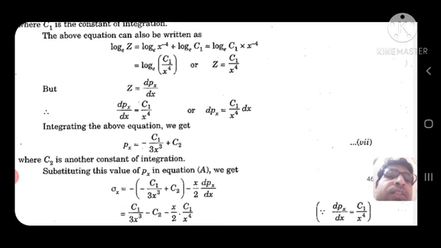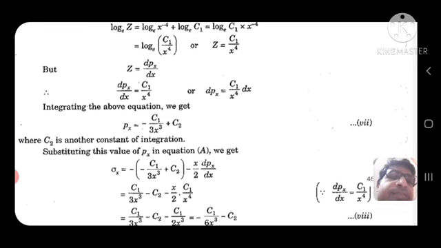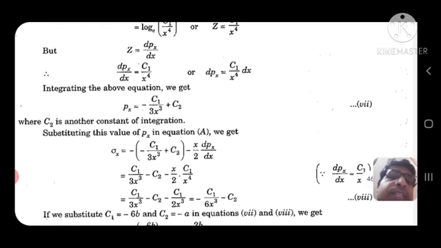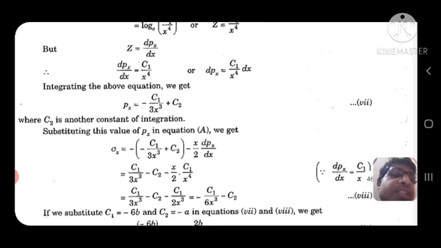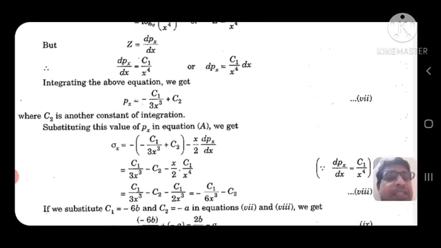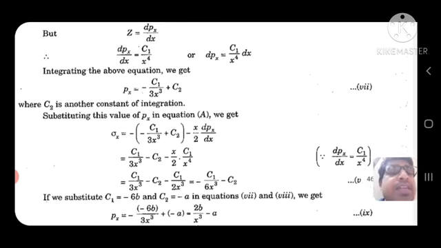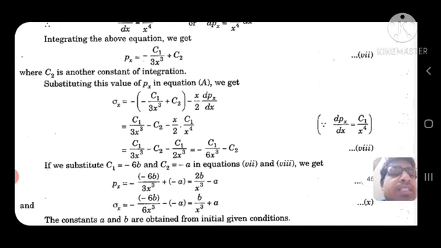But z equal to dpx by dx, so dpx by dx equal to c1 by x to the power 4, or dpx equal to c1 by x to the power 4 dx. Integrating the above equation, we get px equal to minus c1 by 3x cube plus c2.